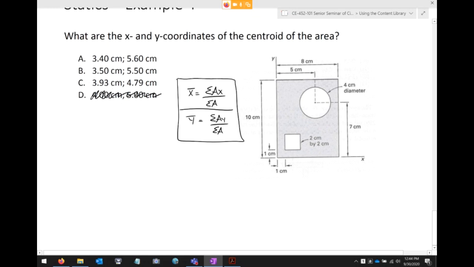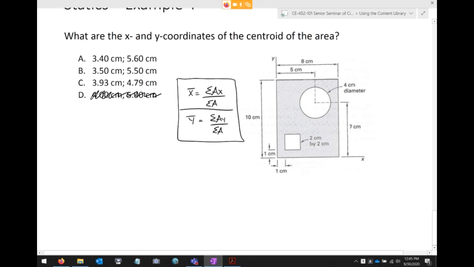Because if I do the x bar, I don't need to do the y bar. I'm going to get the answer, because it'd be different if this was 3.4 and this was also 3.4. So if I did x bar and I got 3.4, well, I know it can't be C, but that doesn't tell me the final answer. I have to go through and do more work. But because they're all unique, just do one of them.